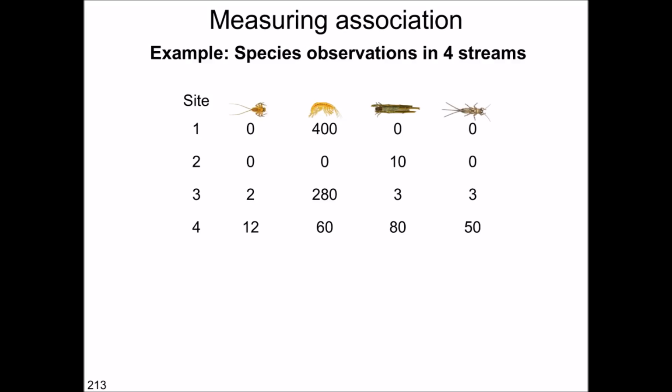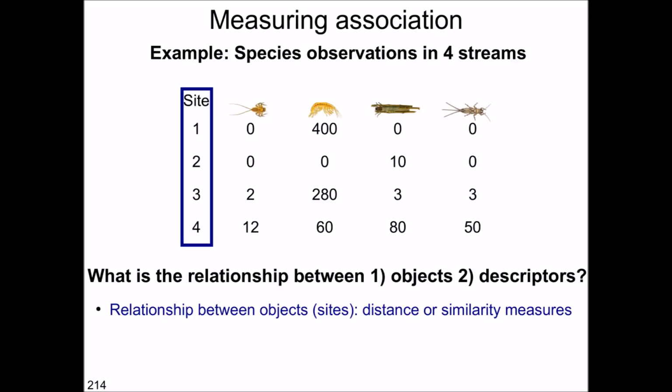Now, if you have such a data matrix, you can measure 2 types of associations. On the one hand, you can look at the relationship between objects and between descriptors. Objects would in this case be the sites, and the descriptors would be the species.